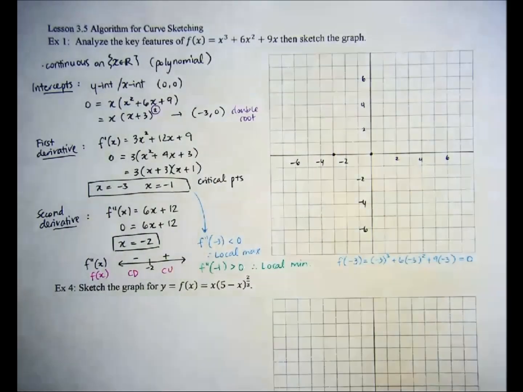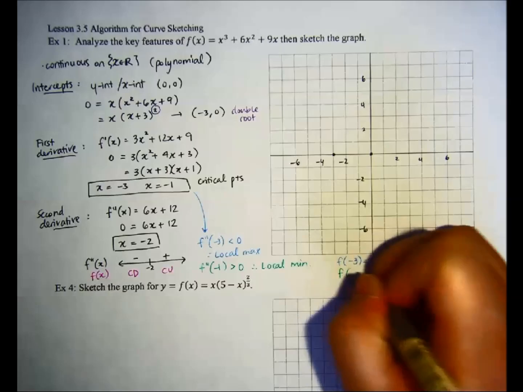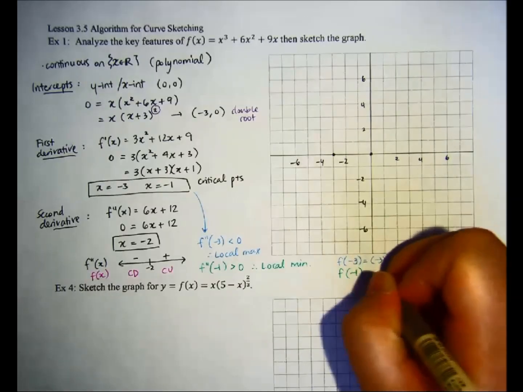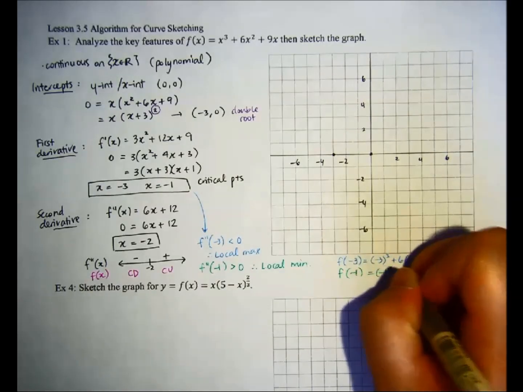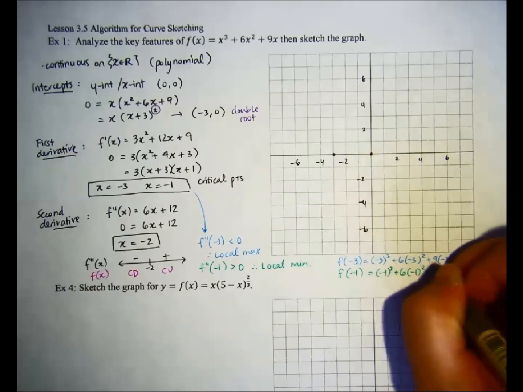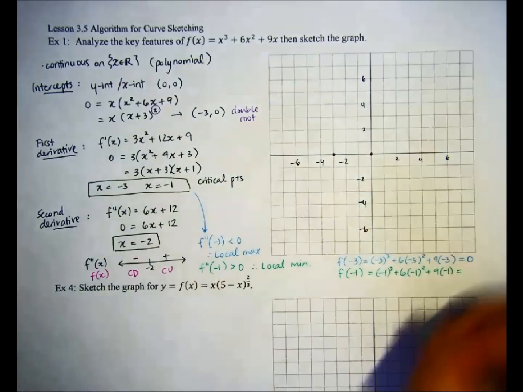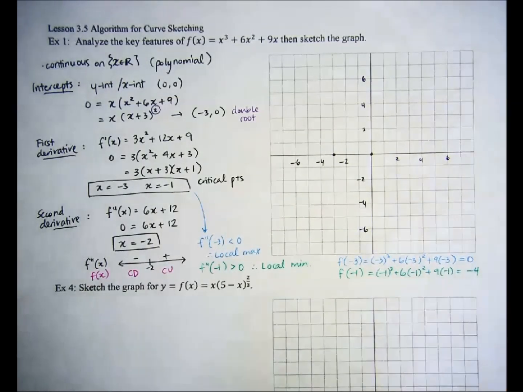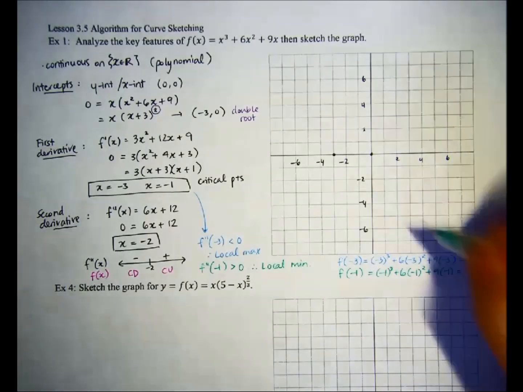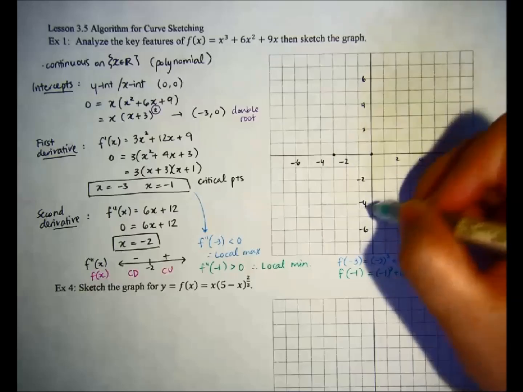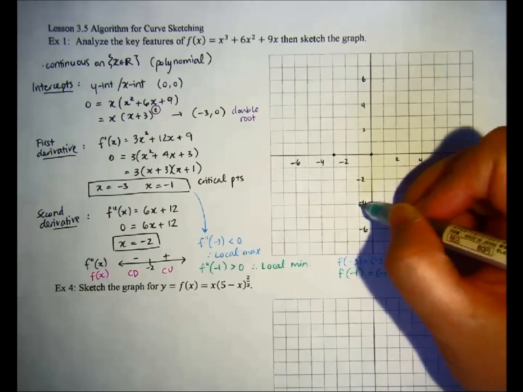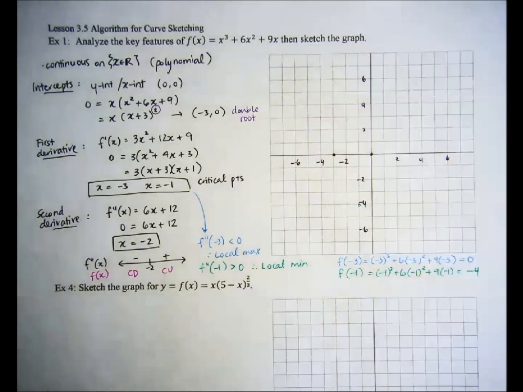And then if you have f of -1, -1 cubed plus 6 times -1 squared plus 9 times -1. Figure out the y-coordinate, calculate, and you should get a y value of -4. So we can put this -1, -4 on our graph here. That's going to be a local minimum.